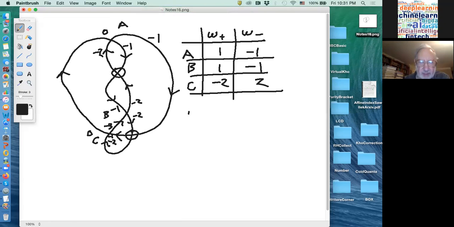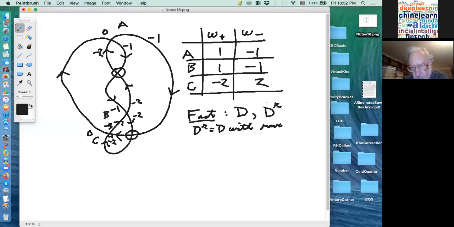Now, here's a fact. If you're given D, and you let D reverse, let me make a better notation for it, dr, dr is equal to d with reversed orientation.